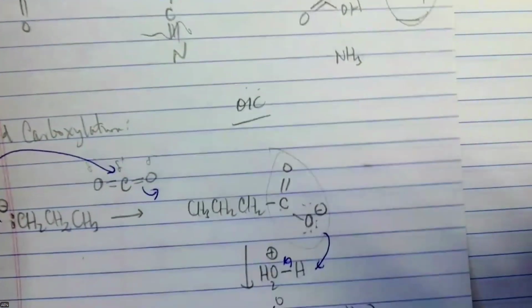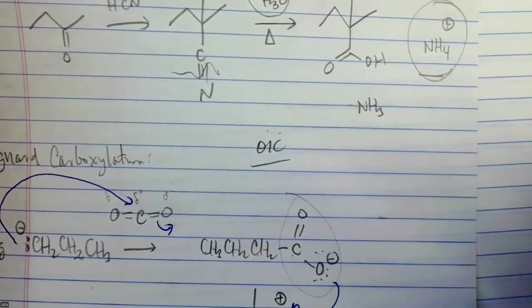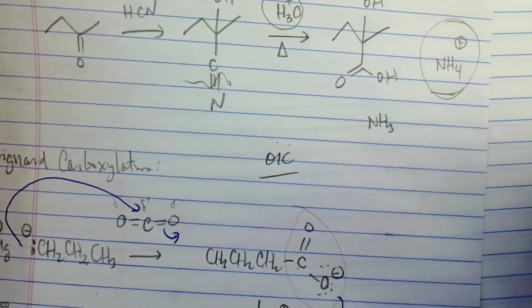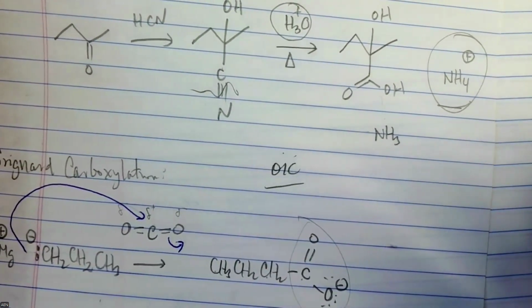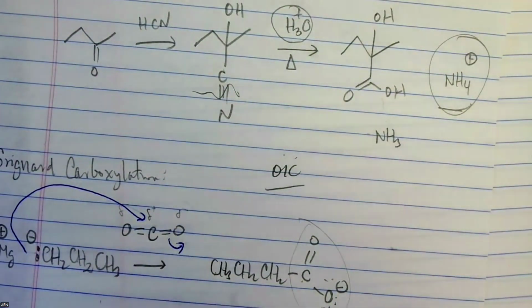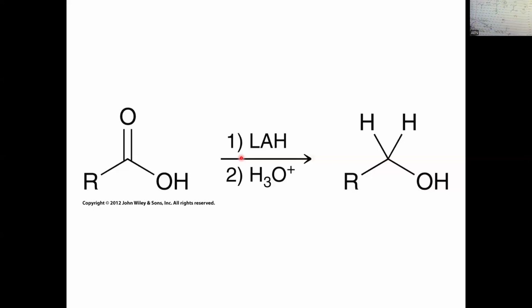Okay, so pentanoic, hexanoic, cyclohexanoic, cyclopentanoic, and benzoic would be the aromatic version of the carboxylic acid, right? How are we doing so far? Hopefully we're doing okay.